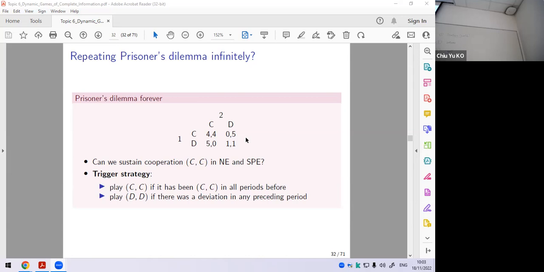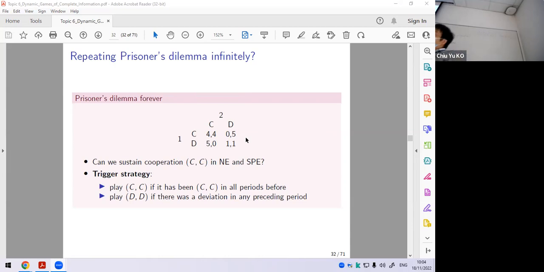The history always starts with CC. We start with a history of 0, nothing has been chosen, and after period 1 the history is CC. This is one of the possible outcomes, and after the second period maybe CC, and so on and so forth.